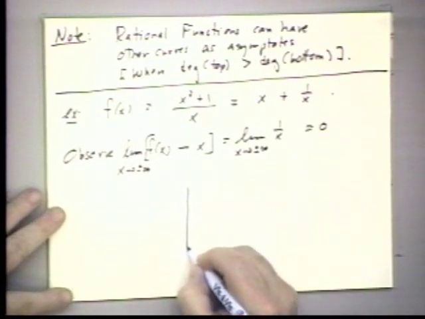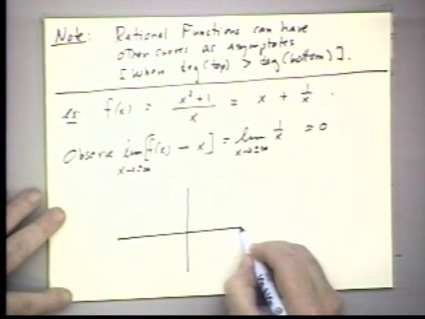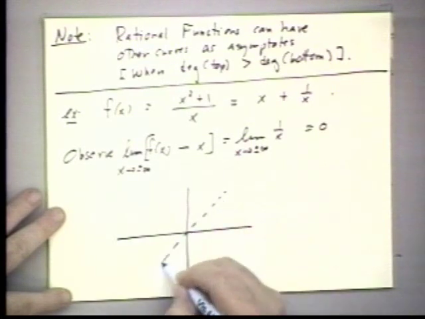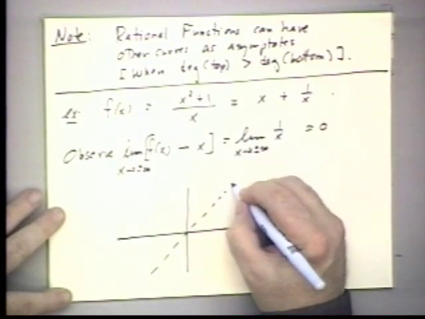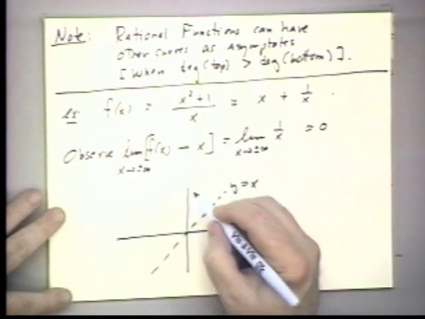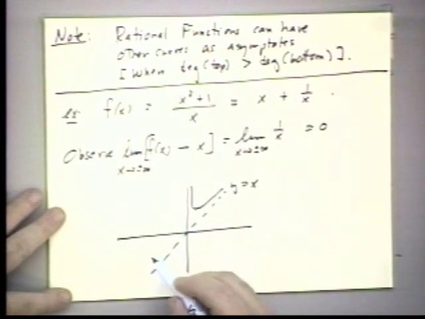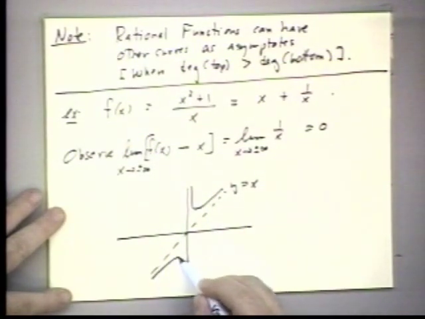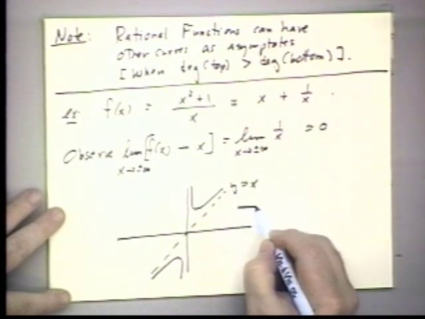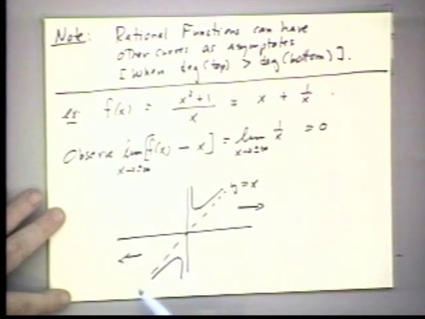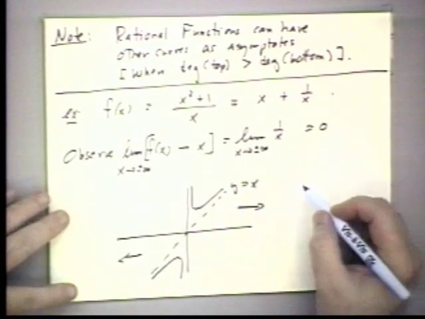Here is the picture to show you what this is. I won't go through all the details of generating it. But here is the y equals x line, and here is the graph of the function, which you can check on your own sometime. And you see, as you go far enough out in the two directions, this function gradually approaches the y equals x line.